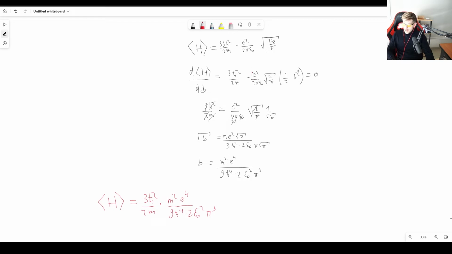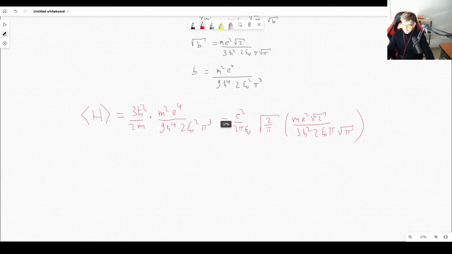And then we have minus e squared over 2 pi epsilon 0 square root of 2b over pi. But of course, what is the square root of b? We also know that. So square root of b is this thing: m e squared square root of 2, 3 h bar squared 2 epsilon 0 pi square root of pi.